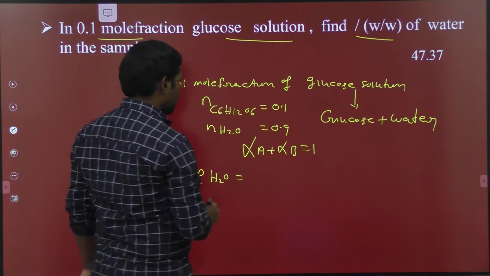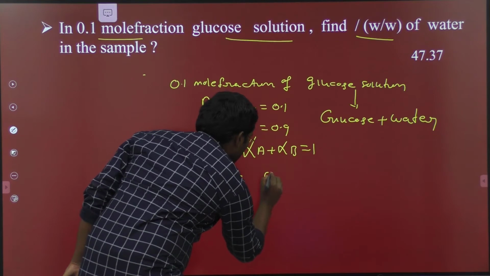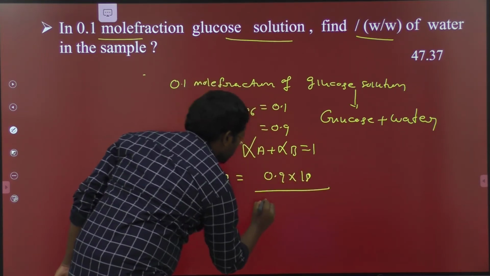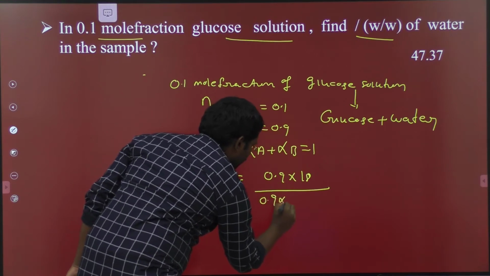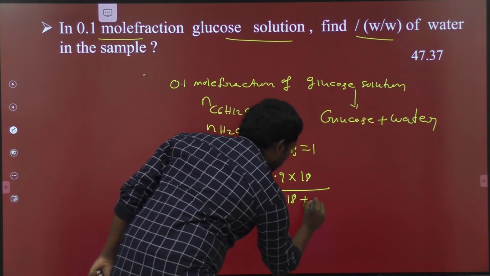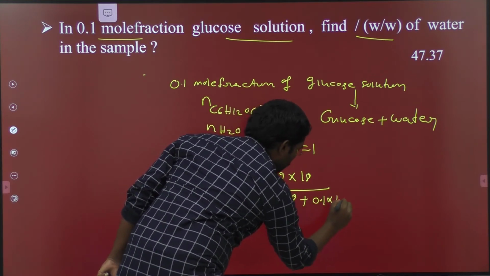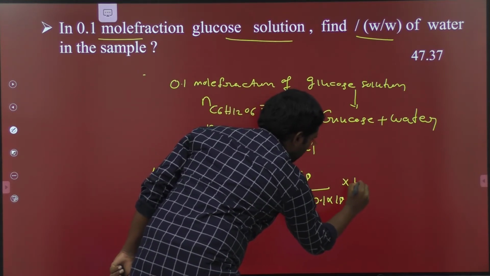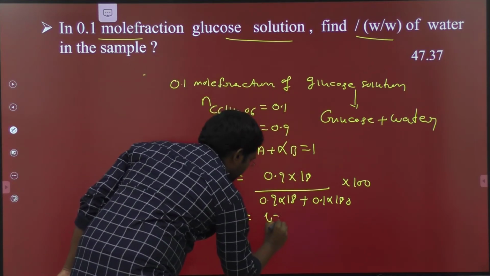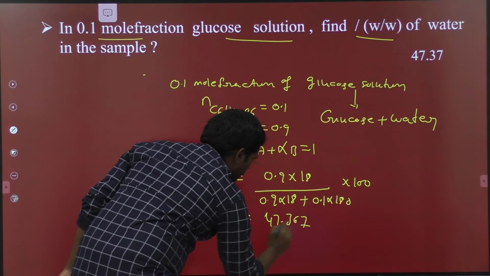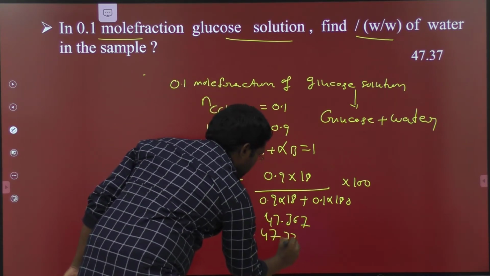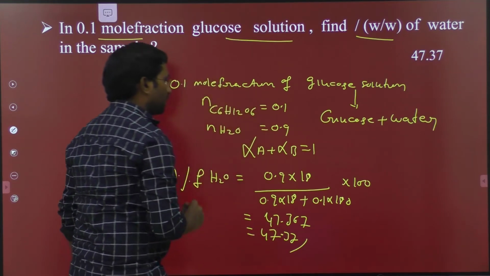Therefore, mass percent of water is equal to 0.9 into the mass of water, 18, divided by the mass of water plus the mass of glucose, 0.1 into the mass of glucose, 180, into 100. This is approximately 47.367, which we can also write as 47.37. This is the accurate value.